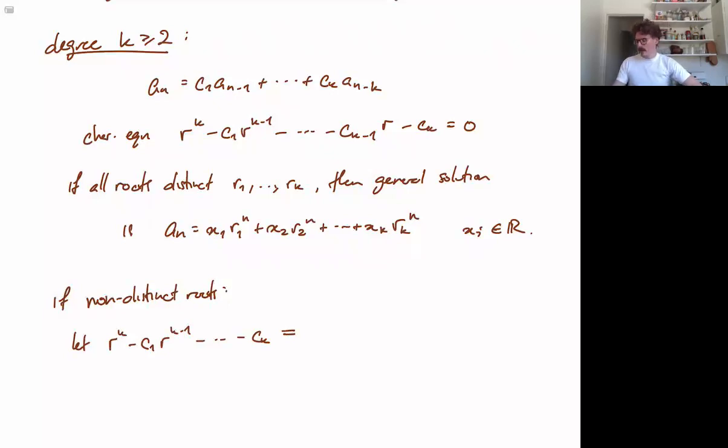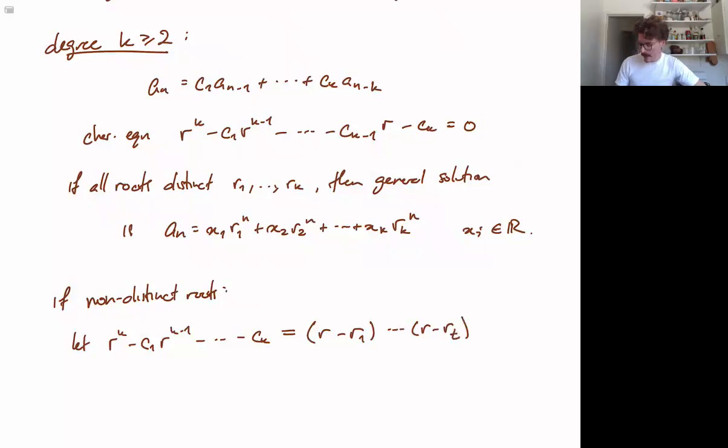And to say that the roots have some multiplicity is to say that some of the linear factors, when we factorize this, are raised to a power. So the roots are r1 through rt.